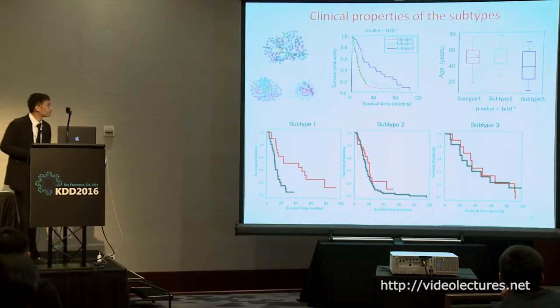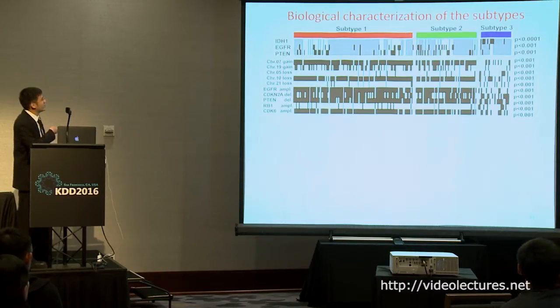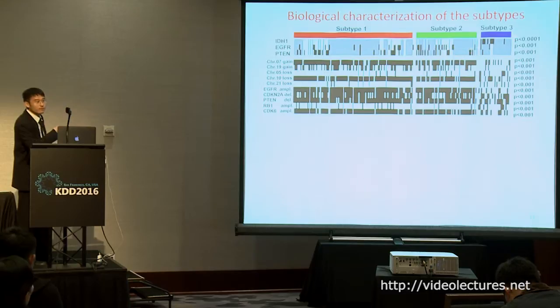The authors also take a look at the biological properties of the subtypes. For example, for gene expression, a very interesting thing is that all of the patients who have the gene mutation IDH1 belong to subtype 3.